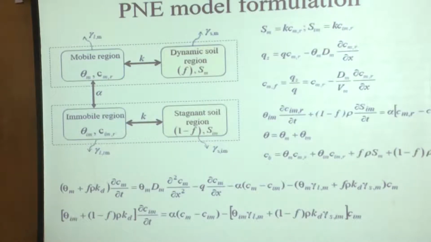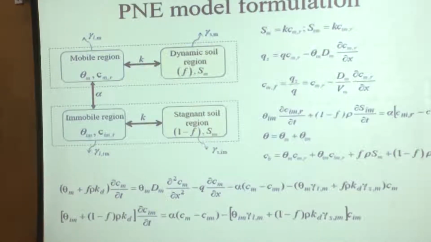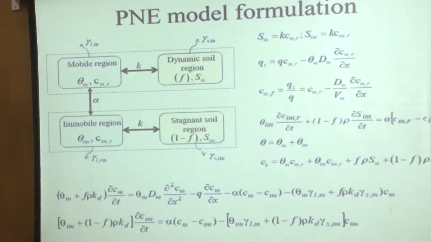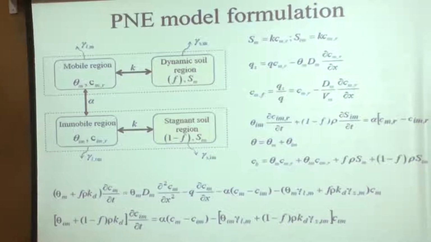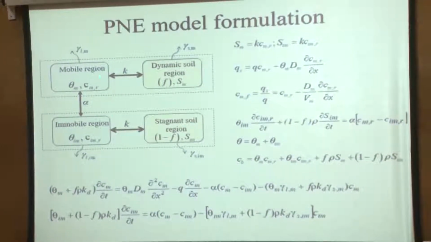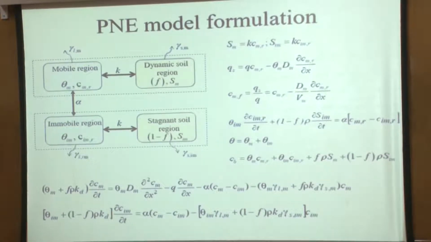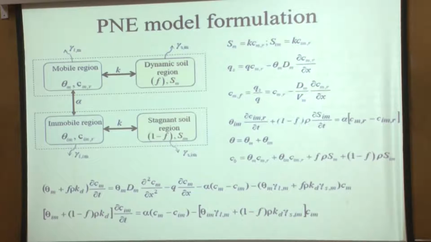So let me revisit the physical non-equilibrium model. It was a model that had lots of things going on. Remember, it said that the water region is comprised of two compartments, a mobile water region and an immobile water region. Basically the porous media has two kinds of porosities, if you will.